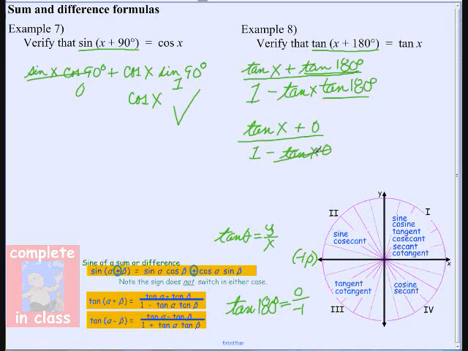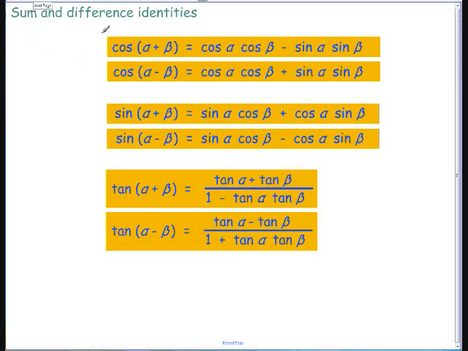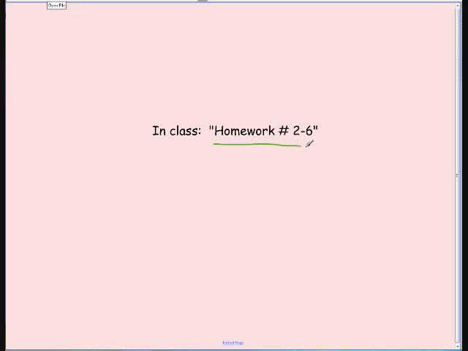So 0 there will make that term disappear, and we won't bother writing 0, and our answer will be tangent x. Check. These are the sum and difference identities. In class, we'll be doing problems 2 through 6. See you there.